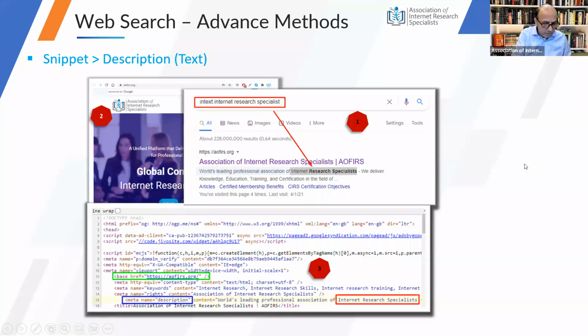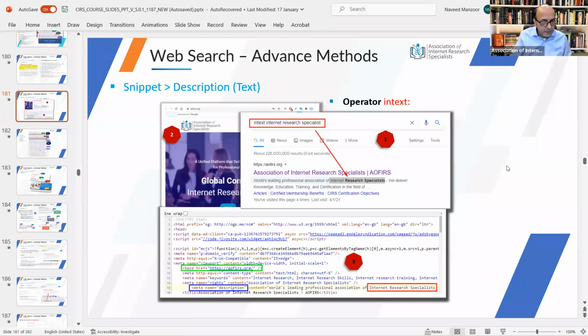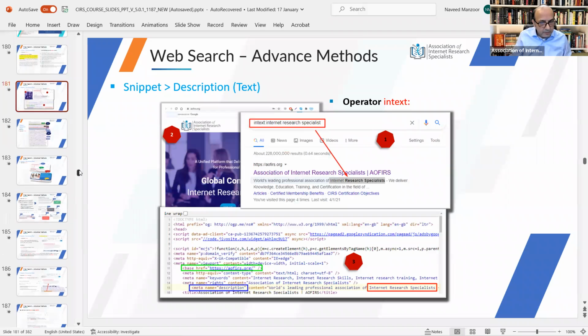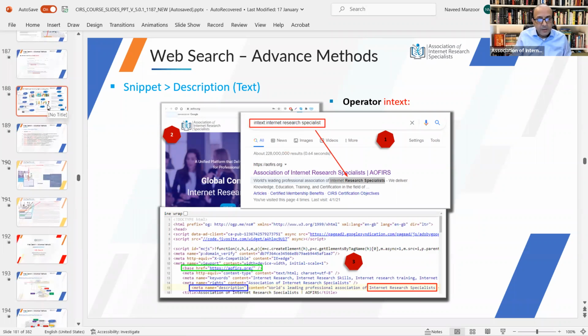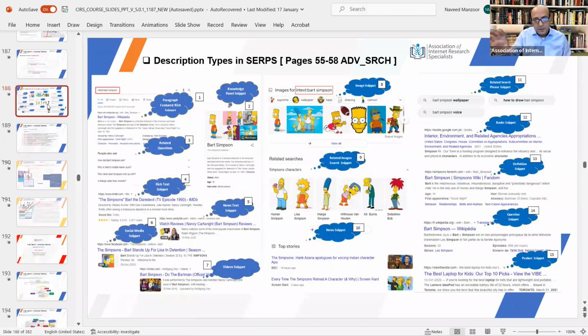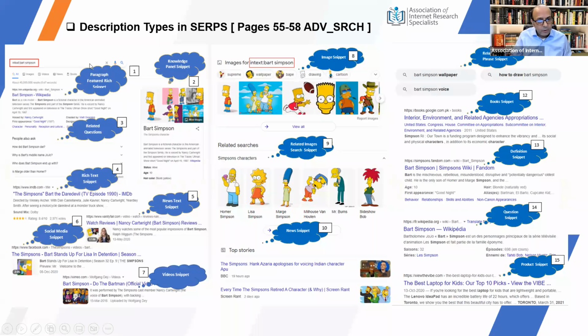I'm going to take you to another slide right now and show you the different ways in which they describe or run the description area. This is the example I'm going to put forth. These are different types of descriptions that the search engine keeps bringing, and they keep changing also.